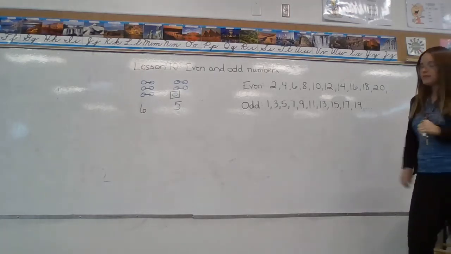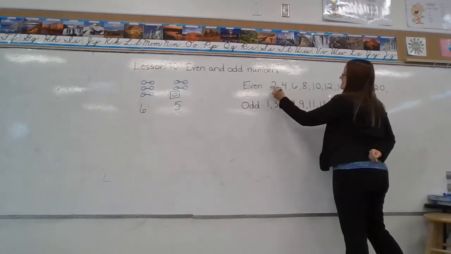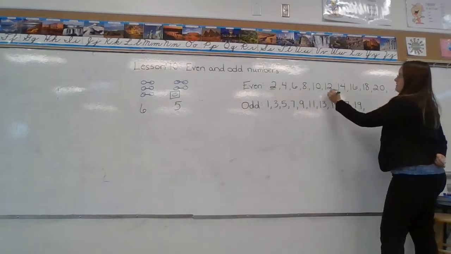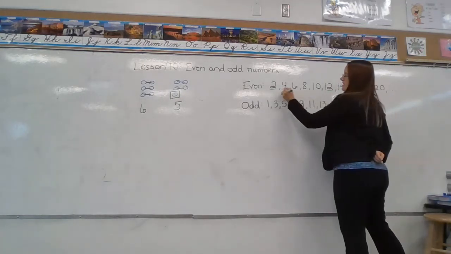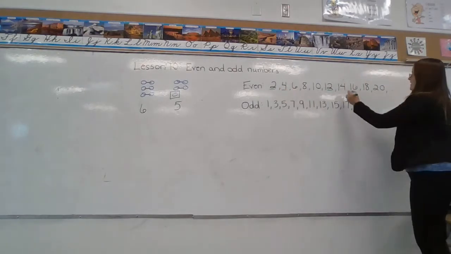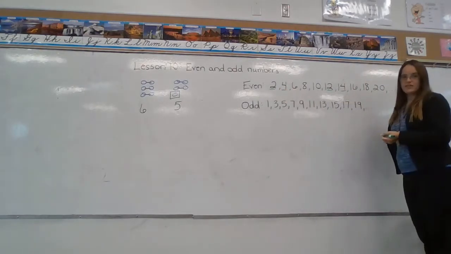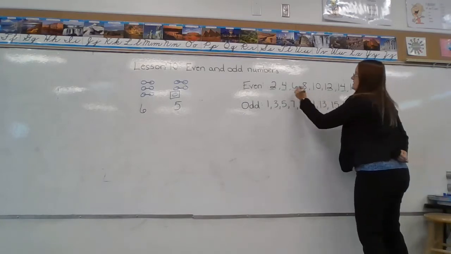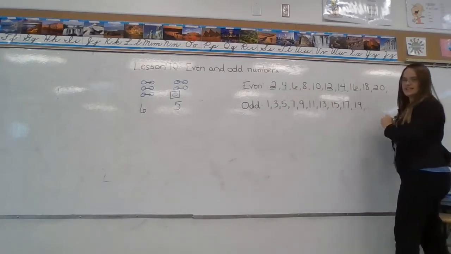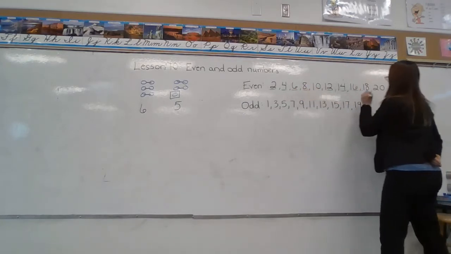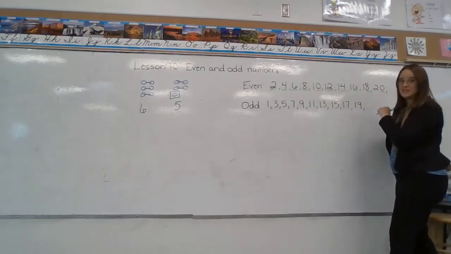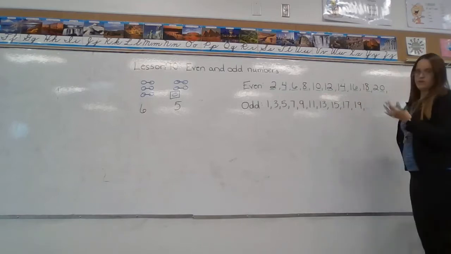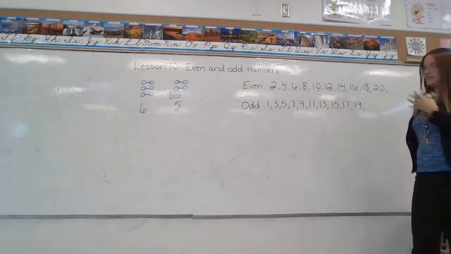So what I hope that you've noticed is this is a 2, and over here, 12 ends in a 2. This is a 4, 14 ends with a 4. This is a 6, 16 ends with 6, 8 and 18, 10 and 20 both end with 0, and we could go on if we kept counting.